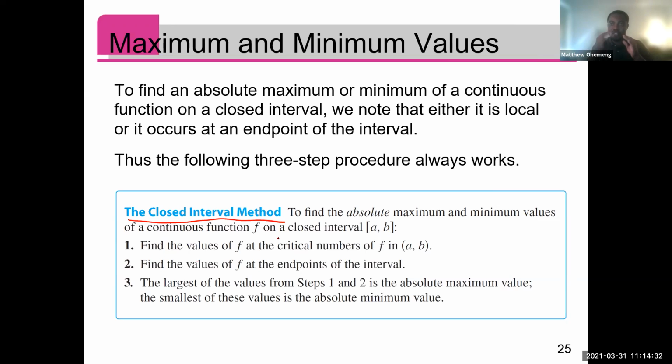But now that we know how to compute the critical points, we are going to work out how to get those extreme values when the function is continuous on a closed interval. To find the absolute maximum and minimum values of a continuous function on a closed interval a to b, the first thing is to find the values of f at the critical points.